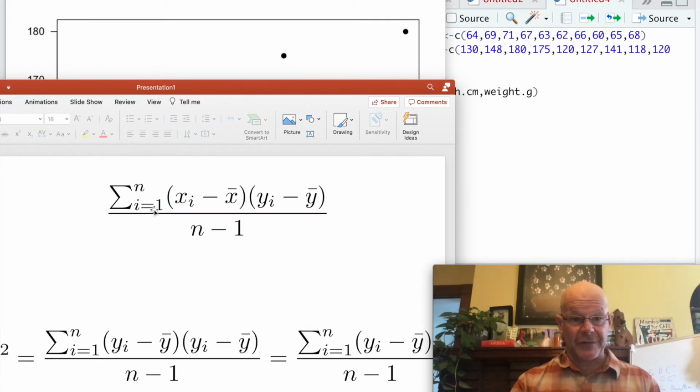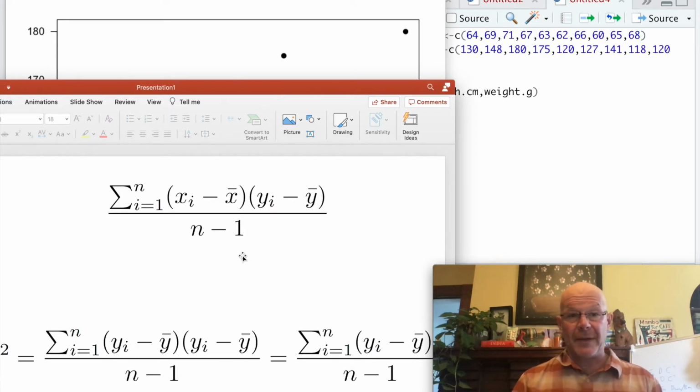Here I'm taking the sum of all of the deviations of all of those individuals from their respective means on the X or the Y axis, and then I'm going to divide it by n minus 1. This again should look familiar, because that's the same thing that was in the denominator when we calculated variance.